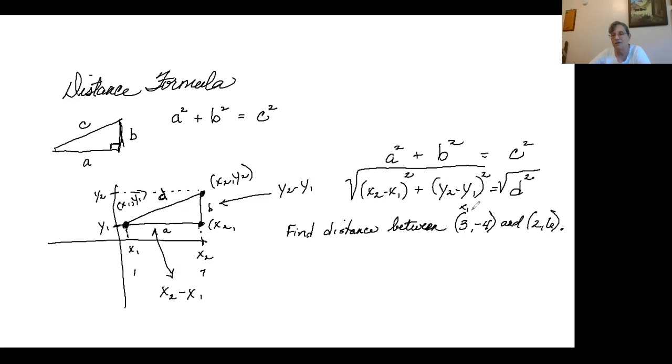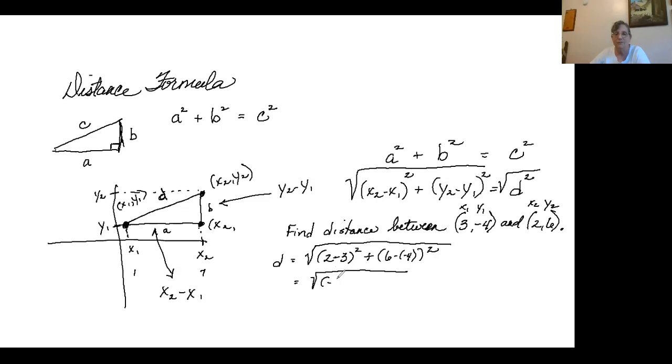So I can call this one x1 and y1, and x2 and y2. And I would say the distance is going to be the great big humongous square root of, subtract the x values. So 2 minus 3, and square that, plus 6 minus negative 4, and square that.